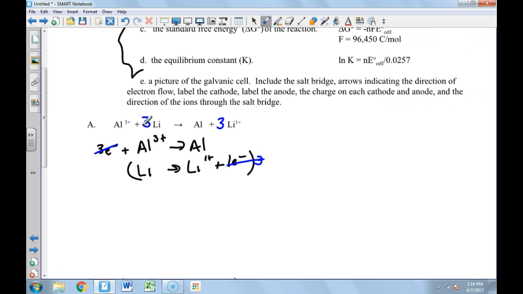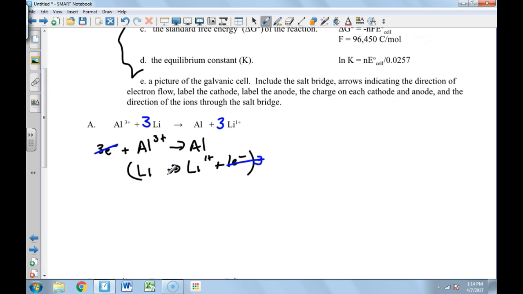Now we want to calculate the standard cell potential. To calculate the standard cell potential, we need to know the value of the standard reduction potential for the half reactions, and then we also need to know which one's the reduction and which one's the oxidation.